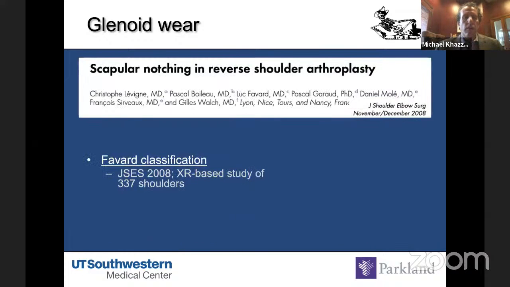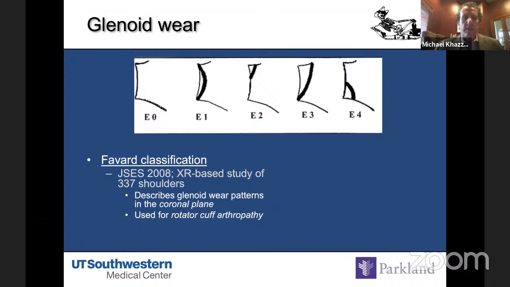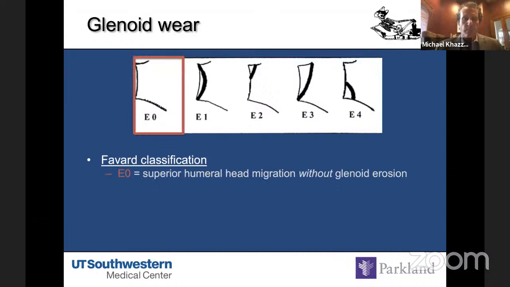So the Favard classification was first described in JSES in 2008, a radiographic study assessing the outcomes of reverse shoulder arthroplasty and scapular notching, but they also described the coronal wear pattern, and it's helpful for assessing reconstruction when performing reverse shoulder arthroplasty. You have the E0, 1, 2, 3, and 4, and basically it's similar to the Walch classification, only in the coronal plane as opposed to the axial plane.